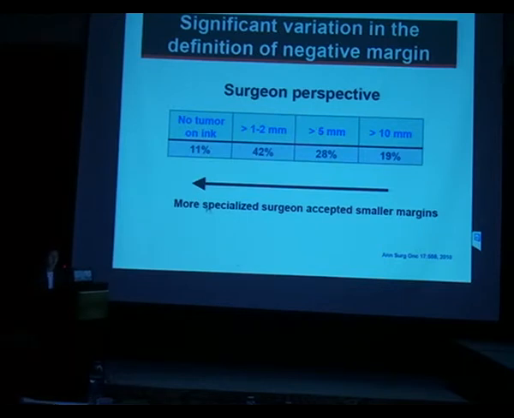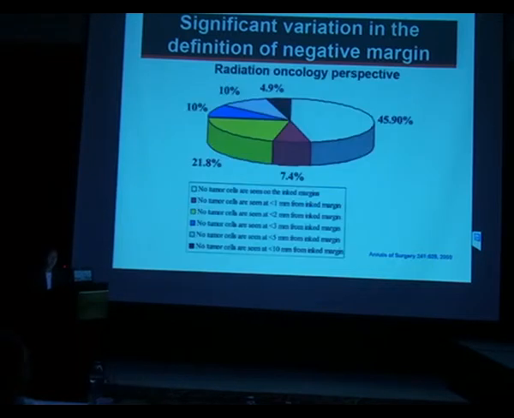And usually the more specialized surgeon, so if a surgeon is predominantly a breast surgeon, they accept smaller margins compared to general surgeons who do maybe a breast case once a month. So the definition of negative margin in this survey among surgeons varied from 10 millimeters to no tumor on ink, and up to 11% of them accepted that as a free margin.